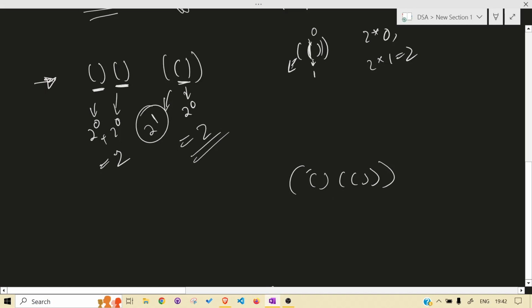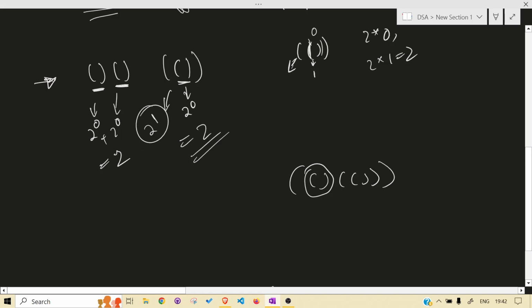In this case we have one balanced bracket, but in other cases we can have many nested brackets, so we have to store that we have calculated this much already. So how do we counter this problem, that we have to store up to a certain state that we have this much score?